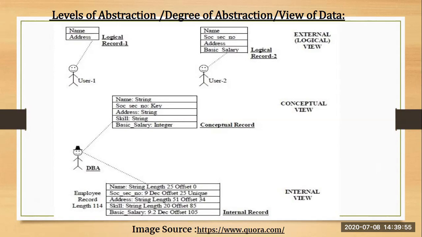At the lowest level, it is stored in the form of bits with physical addresses on your secondary storage devices, and at the highest level, it can be viewed in the form of files. The internal schema, or you can say your physical schema, defines the various stored data types, and it uses a physical data model.